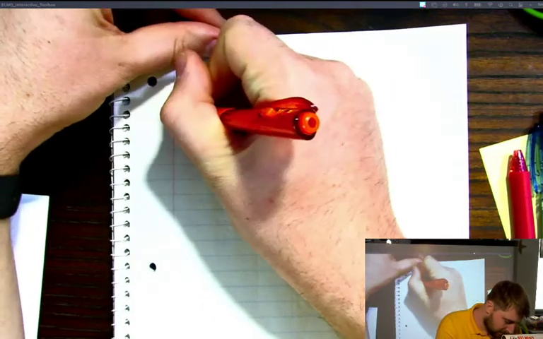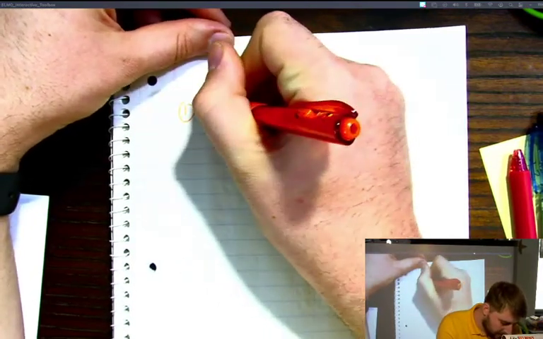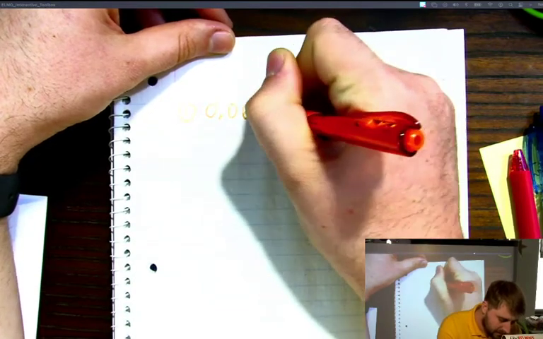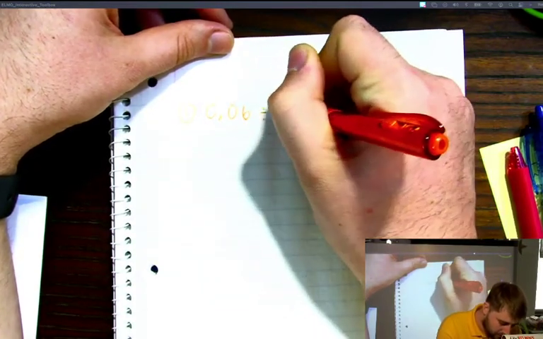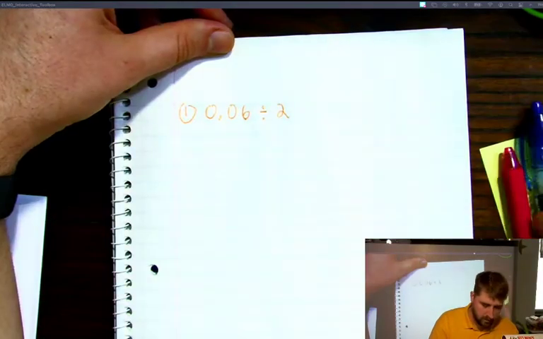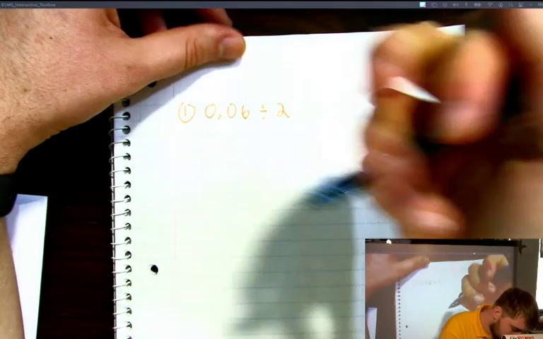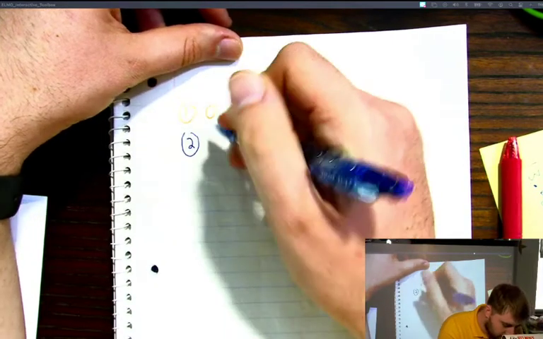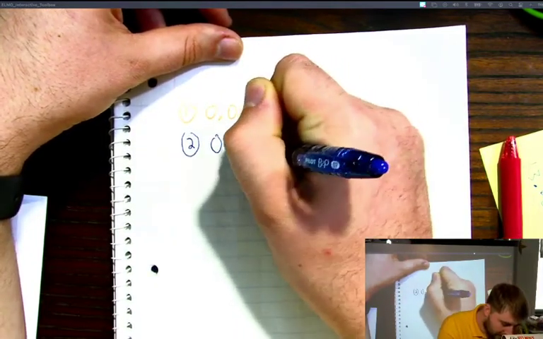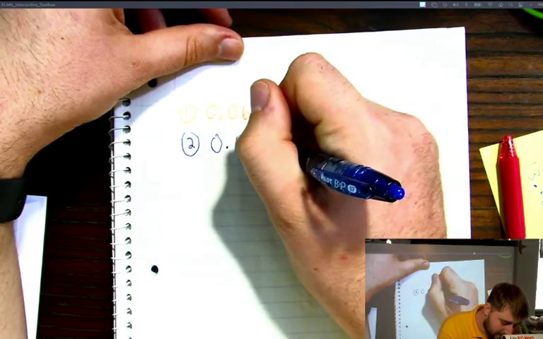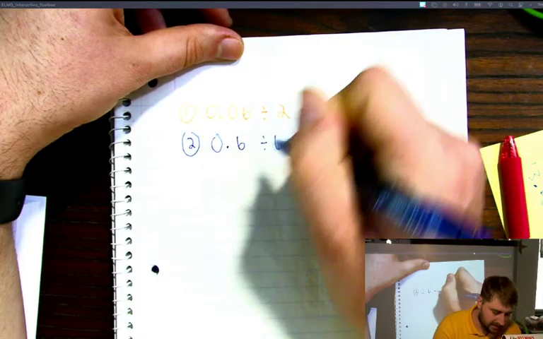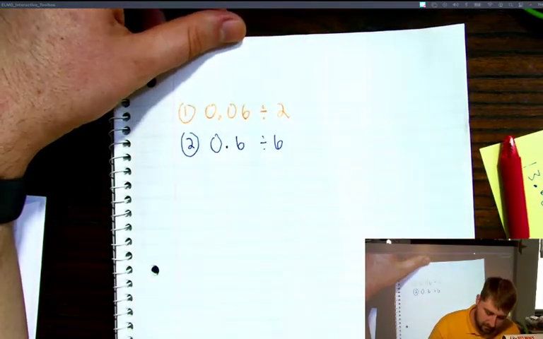So our practice problem number 1, our orange problem, is 0.06, so that is 6 hundredths, divided by 2. Your second problem is going to be this: 0.6 divided by 6. So 6 tenths divided by 6.